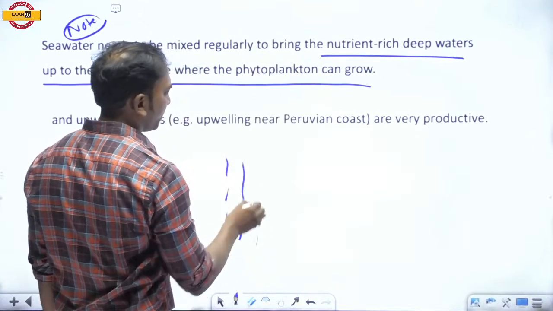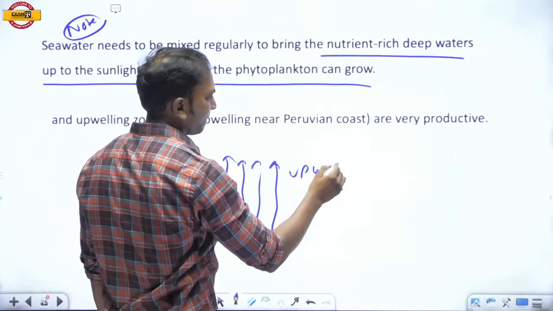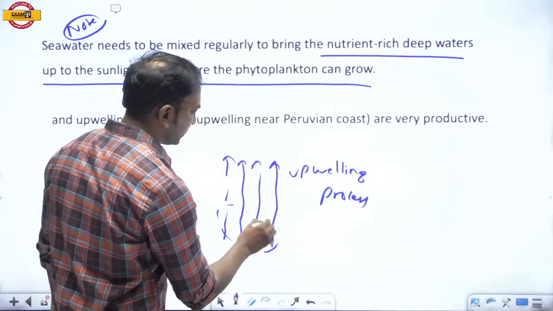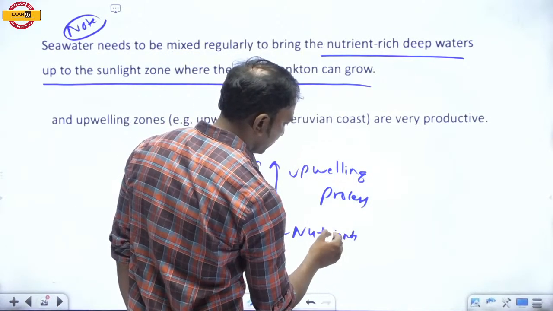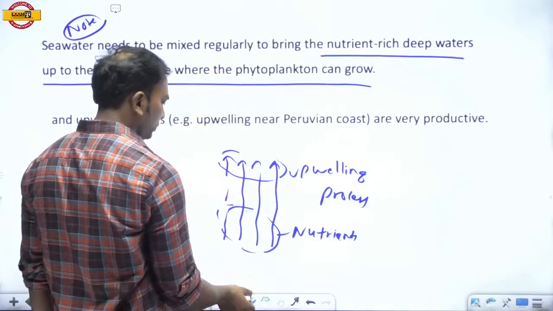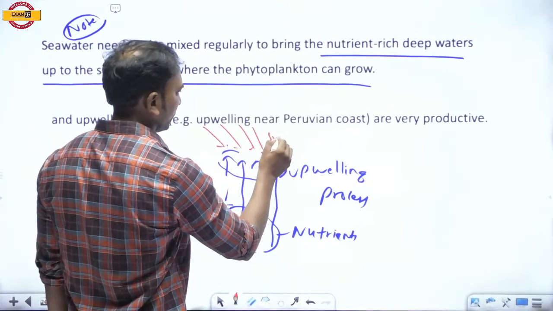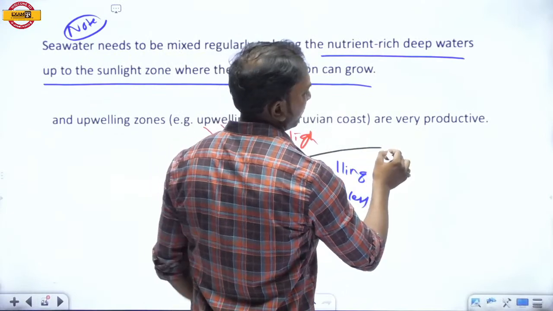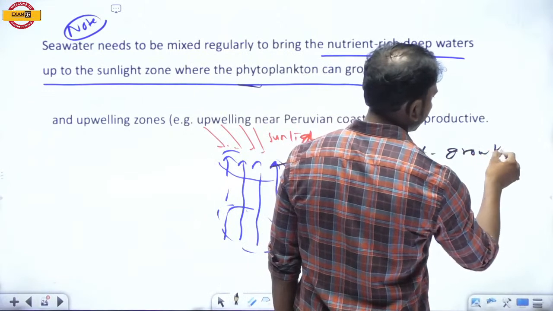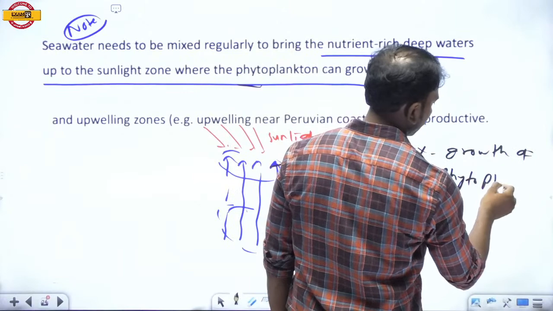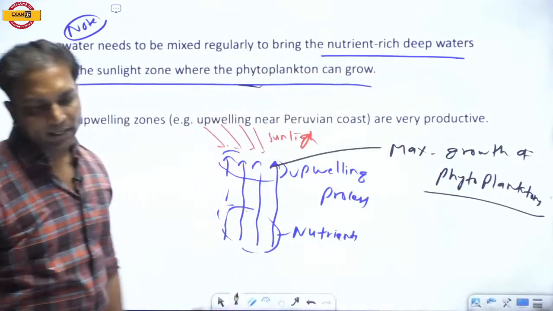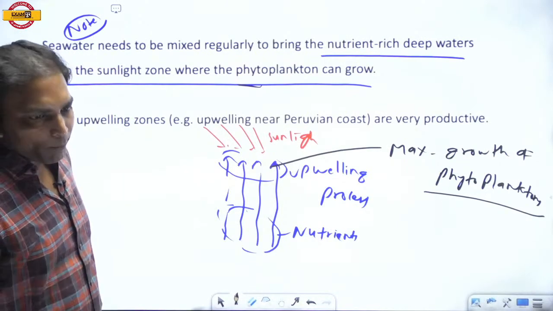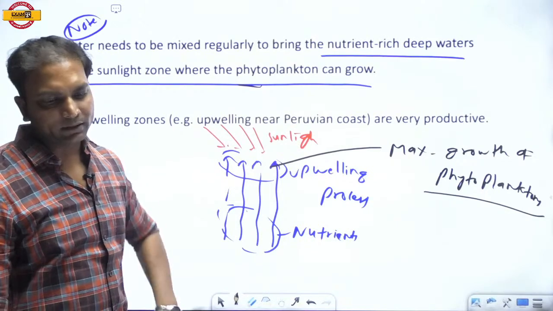When the upwelling process is happening, it brings up the nutrients from the lower region to this place, and because of the sunlight, it creates the maximum growth of phytoplanktons.